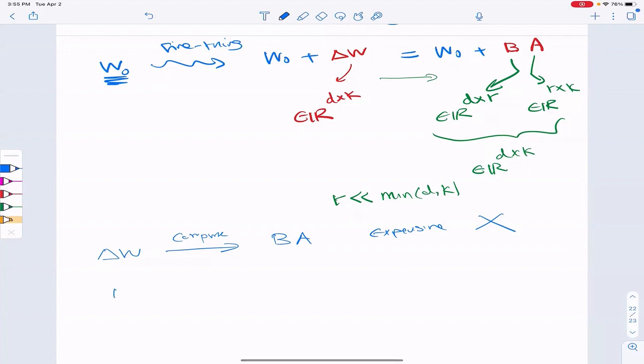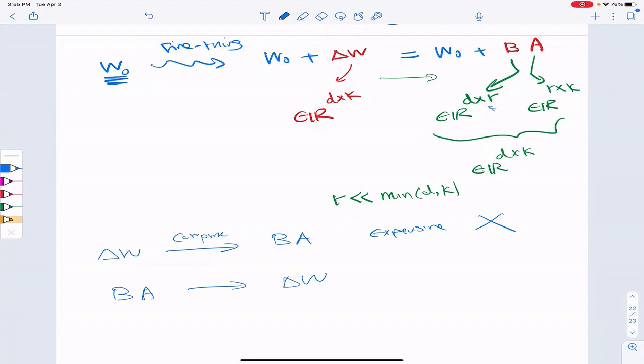The direction is to go from this matrix B times A to delta W, which is simply a matrix multiplication. And that is quite easy because the rank R is significantly lower.